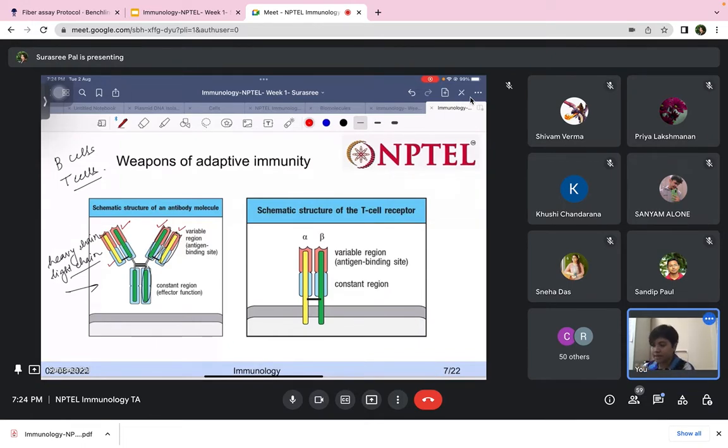It is also essential to remember that these heavy chains and light chains have a constant region, which is constant in different types of antibodies, and a variable region. This variable region is important for antigen binding.